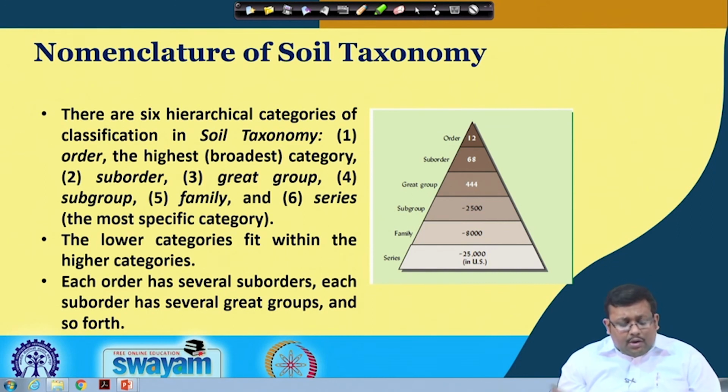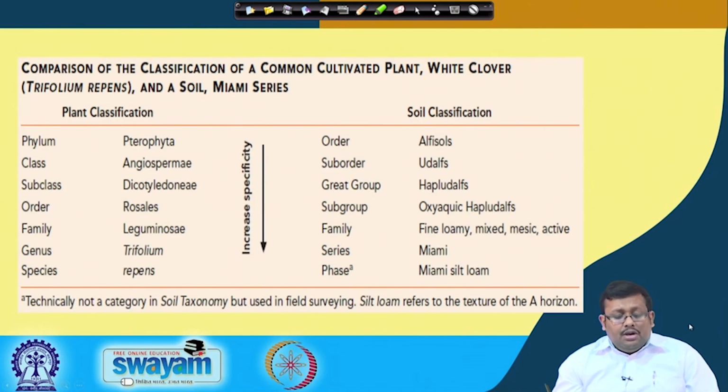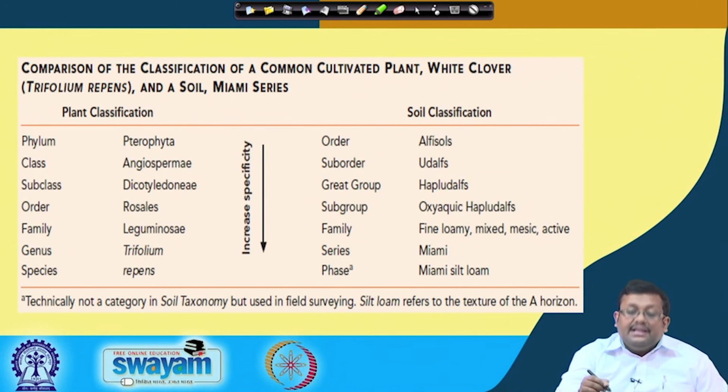The lower categories fit within the higher categories, and obviously each order has several suborders, and each suborder has several great groups, and so on and so forth. If you compare the classification of a common cultivated plant with a soil series called the Miami series, then it is quite clear how we can name different soils.